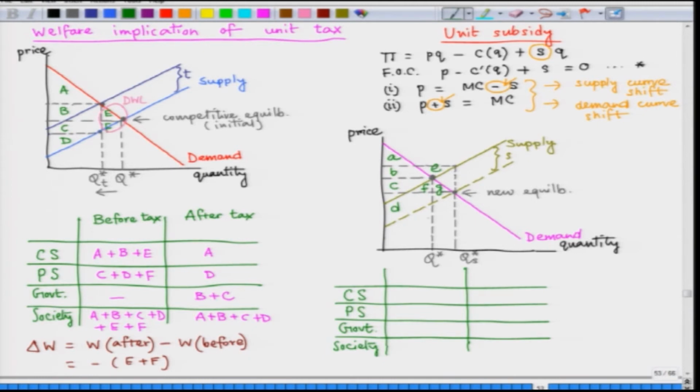And then we measure the welfare before subsidy and after subsidy, right. Okay. So, now let us note down the numbers.